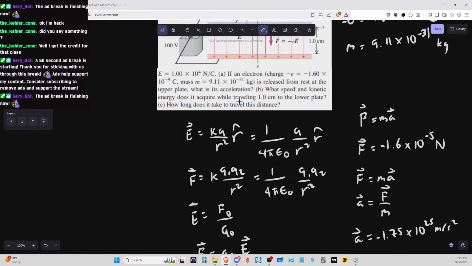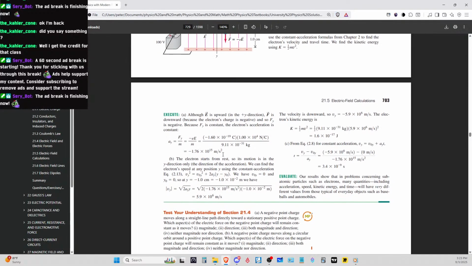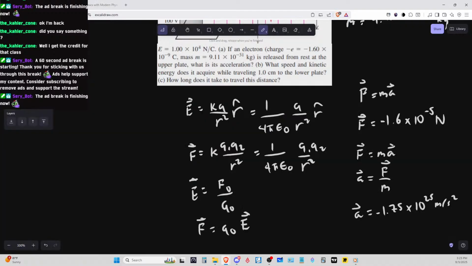Oh, I think there's many parts to the question. I probably didn't look at it. I got the acceleration right. So let me take a look here at how they did it. Okay, so you leave it negative. Okay, so I wasn't bugging out on that. But luckily I'm developing the muscle of questioning the numbers.